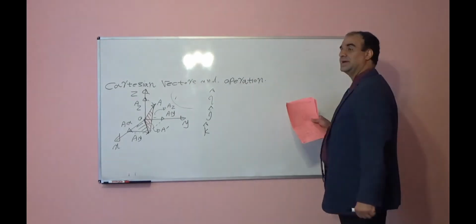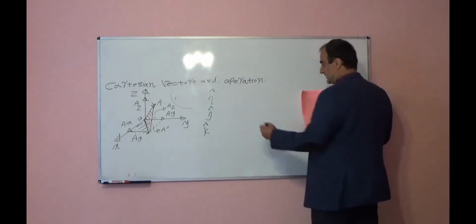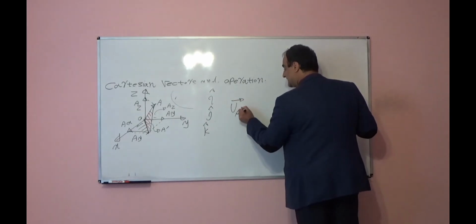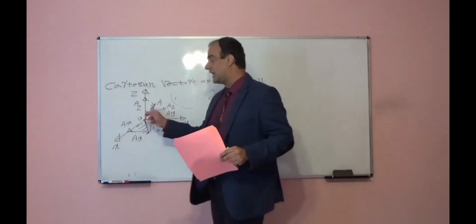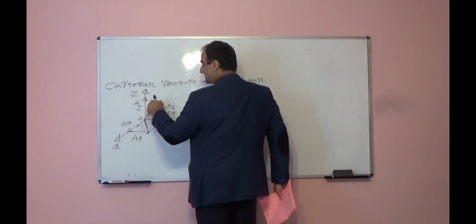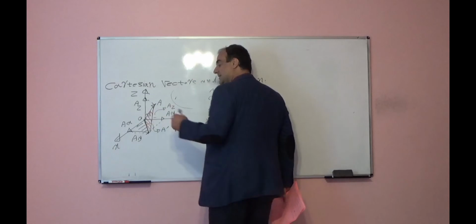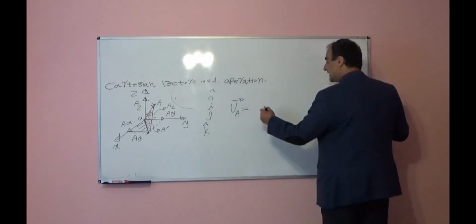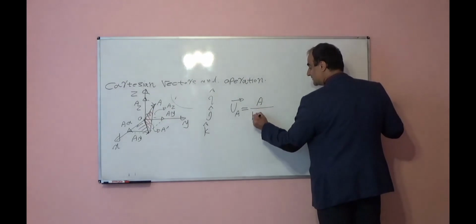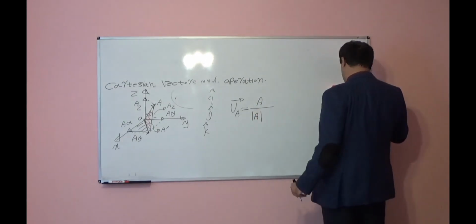How about a unit vector in a vector's direction? If I want to define a unit vector in the direction of vector A, the length of that vector is equal to 1. That will be vector A divided by the length of vector A.